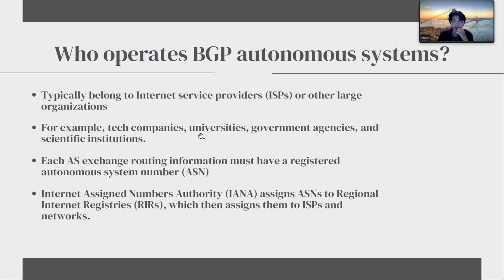Each AS exchanging routing information must have a registered autonomous system number, or ASN. The Internet Assigned Numbers Authority, IANA, assigns ASNs to Regional Internet Registries, which then assign them to ISPs and networks. So this is how ISPs get all the information.